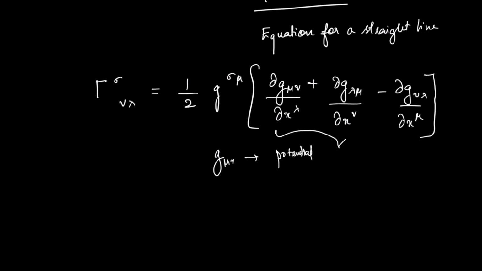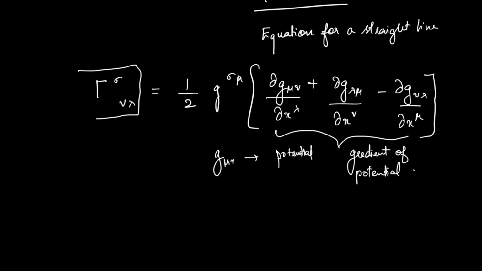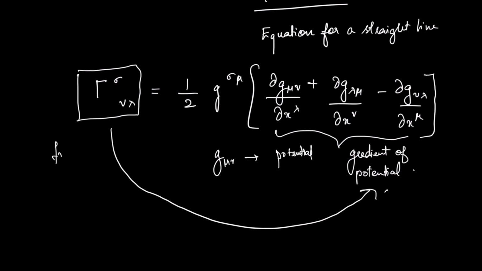But here in this bracket we have the gradient of potential. That is why the Christoffel symbol is the gradient of potential, which is the field intensity. So this is the gradient of gravitational potential, and this is the gravitational field intensity.